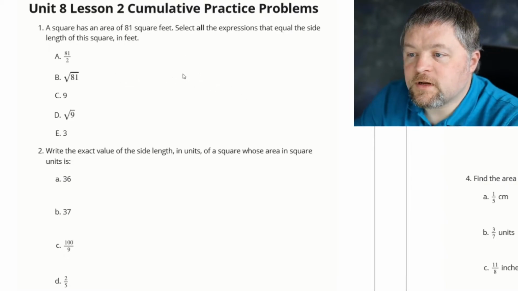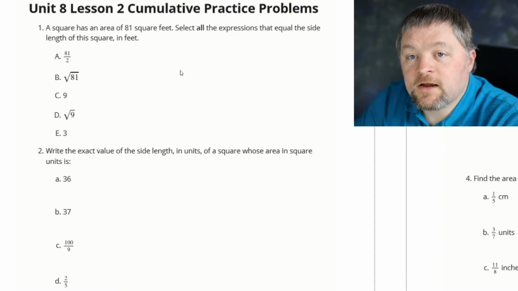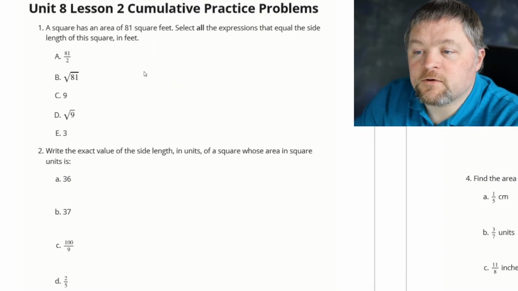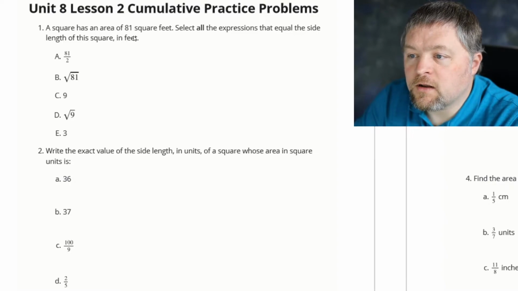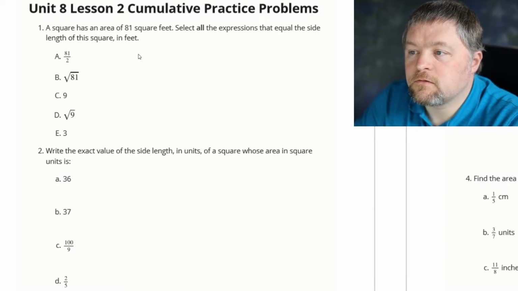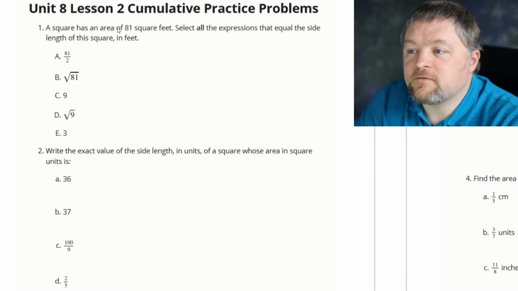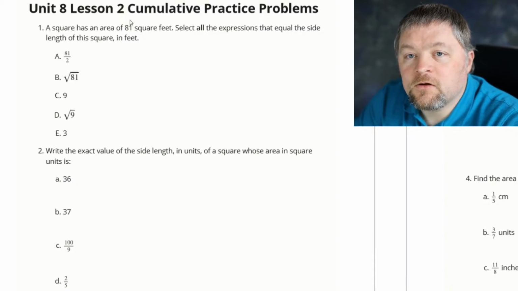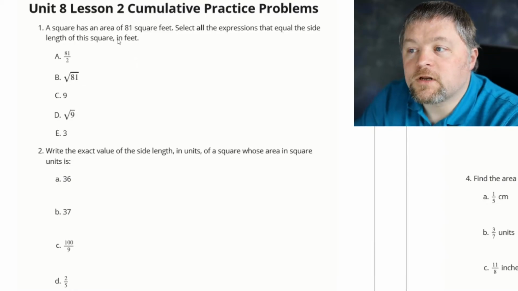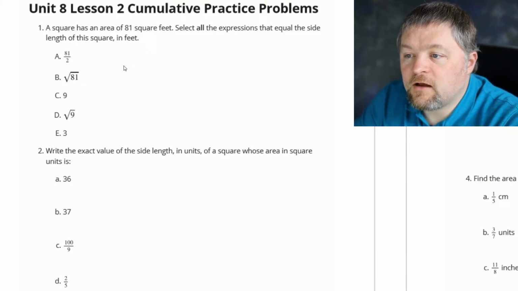Length times width, so what number do we multiply? If it's a square, those have to be the same, so what number do we multiply by itself to get 81? The other way to think of that is what number squared is 81, or what is the square root of 81?